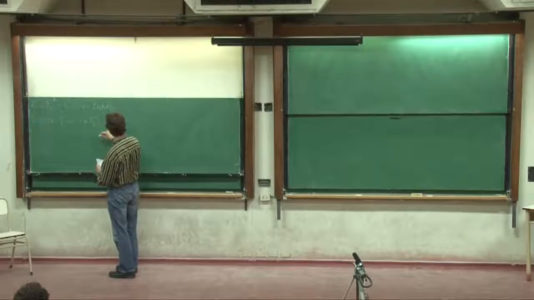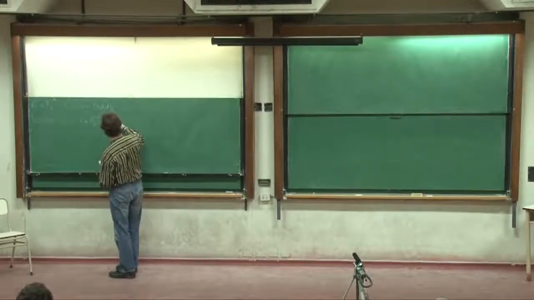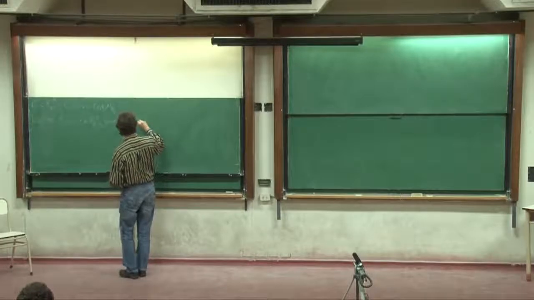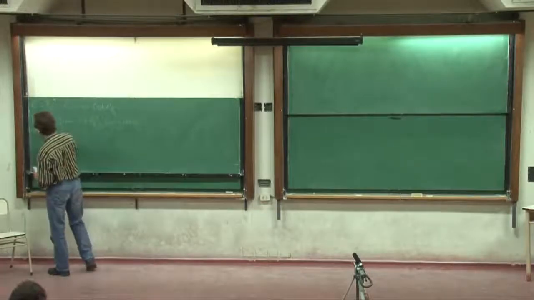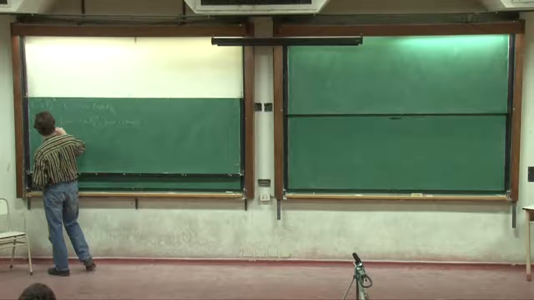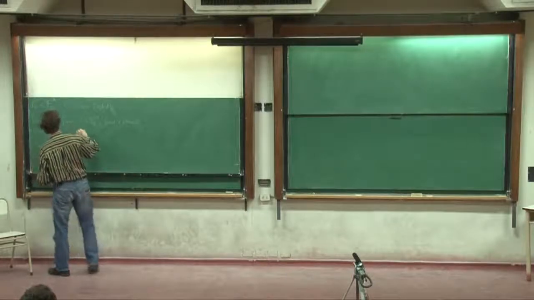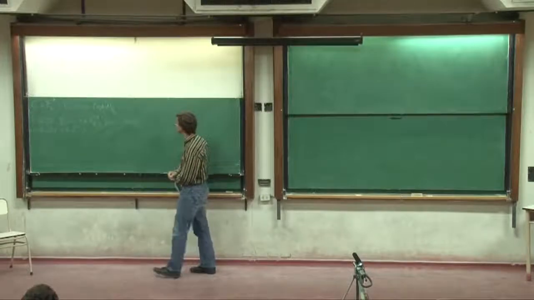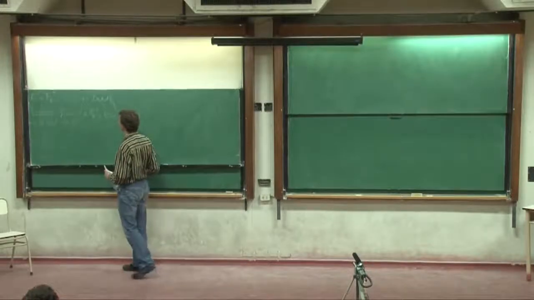So in other words, we want to find the closest code word, and here closest in the sense of the Hamming distance.